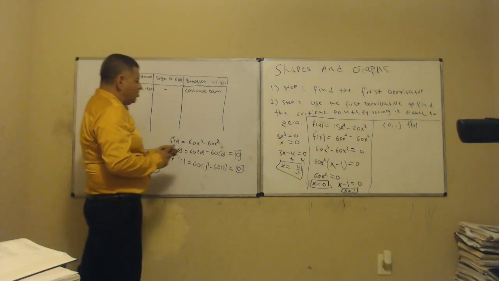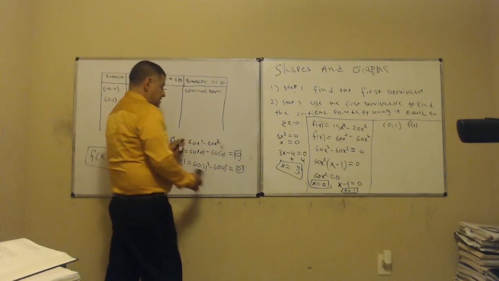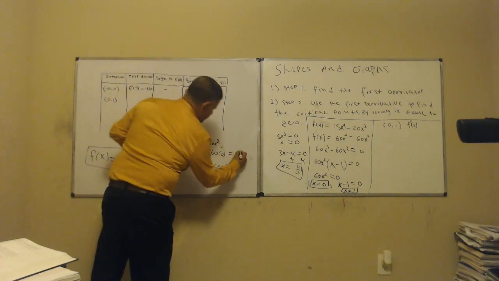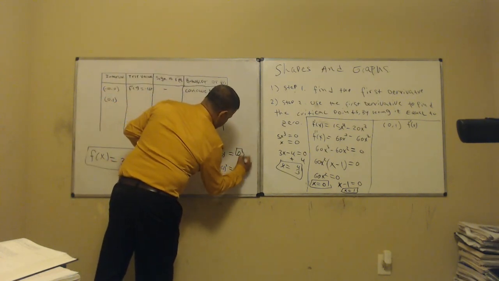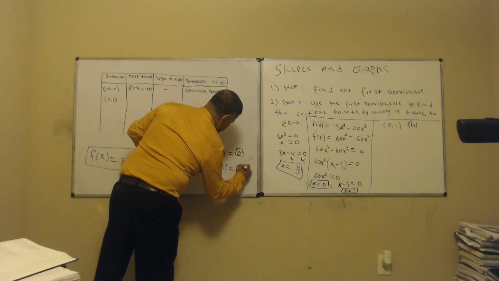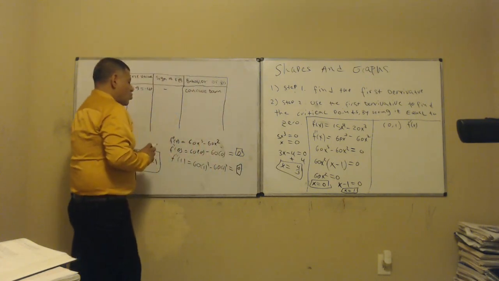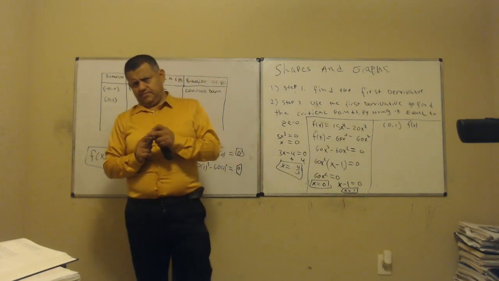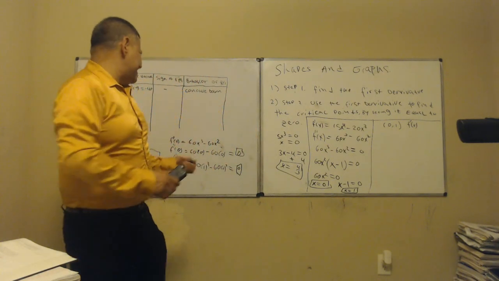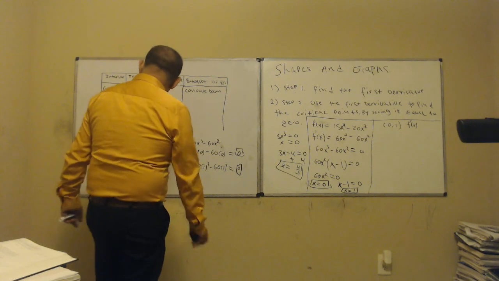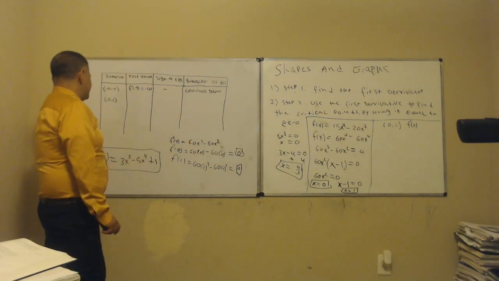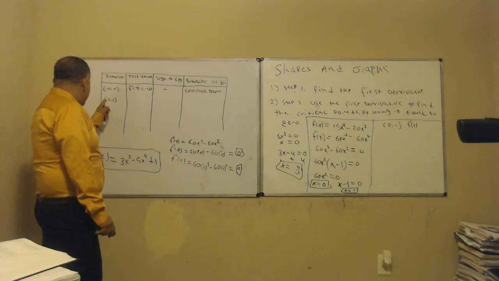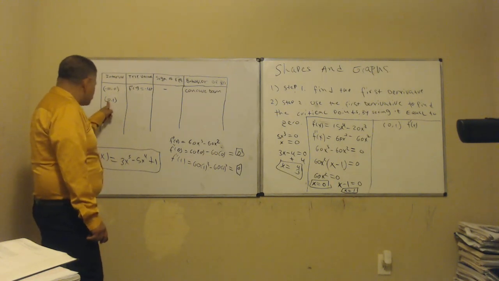Okay, so now that we know that both of these are 0 at these 2 points, we want to go ahead and do another number. So we know that this doesn't work at the moment, right? But is that the only number that is between 0 and 1?